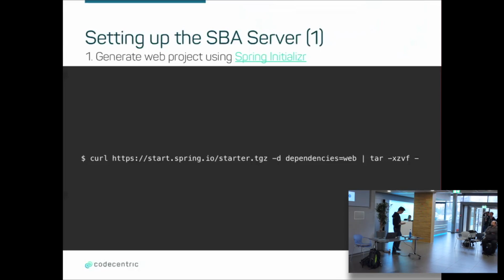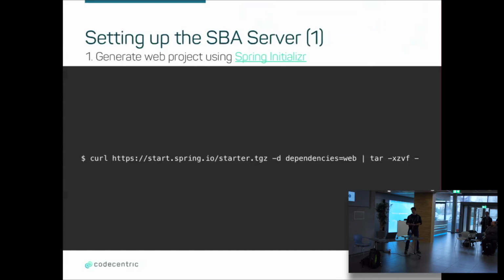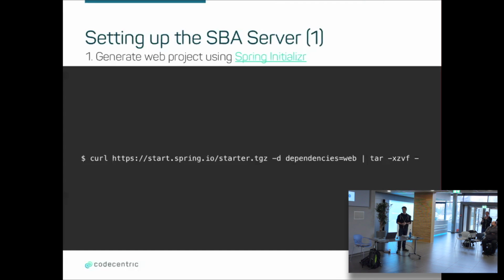The Spring Boot admin server itself is just a simple Spring MVC application. So everything you need to do to get started is go on the Spring Initializr and generate a web application. Maybe you have seen Josh and me coding this morning.